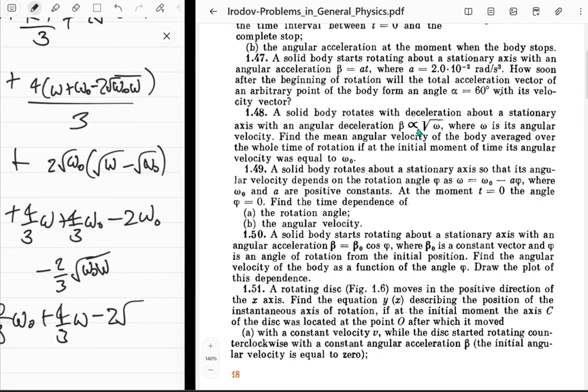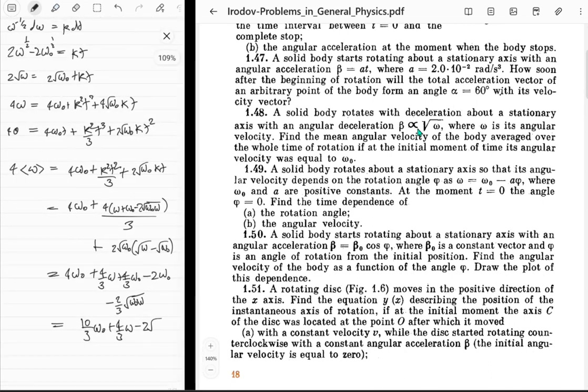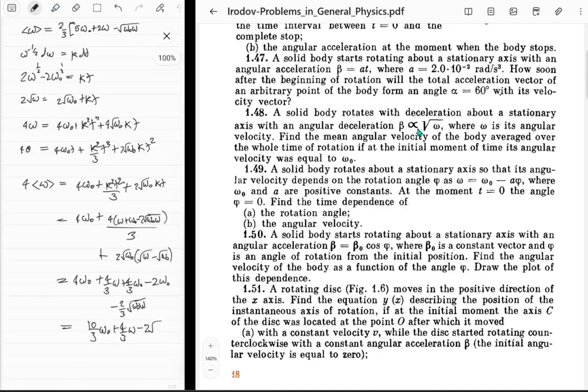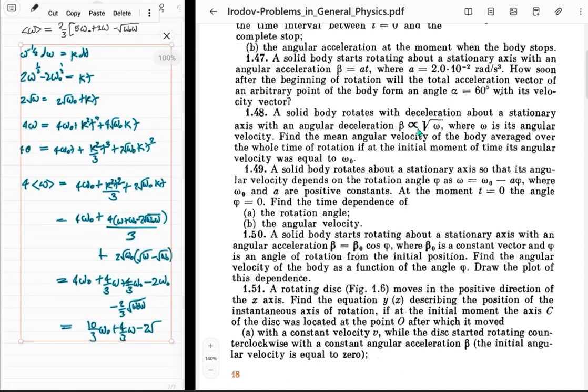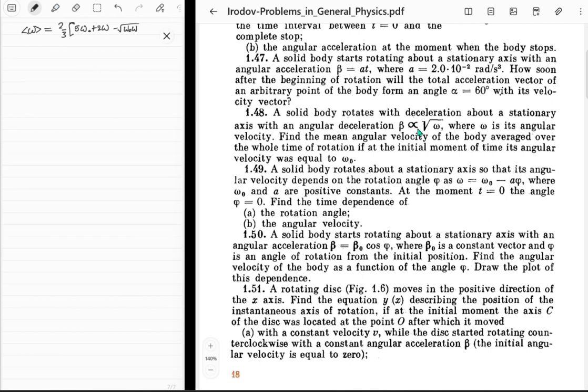Yeah, that looks correct. Cool. So this is it. Next question. So 48 done.